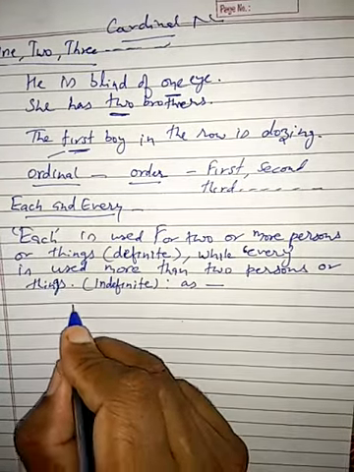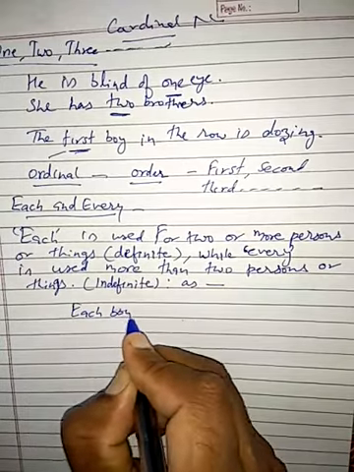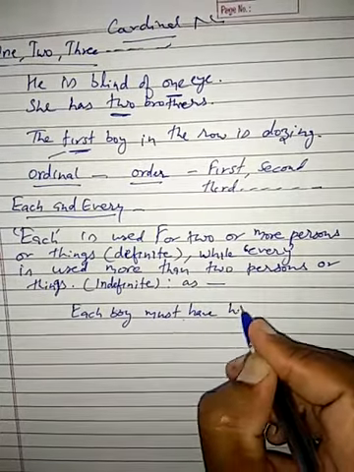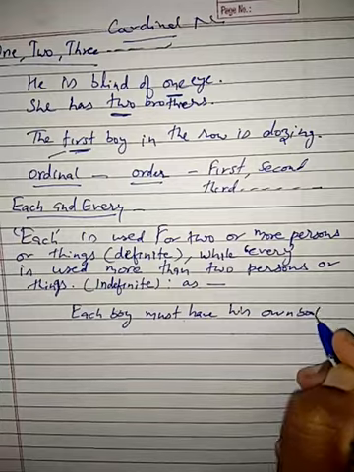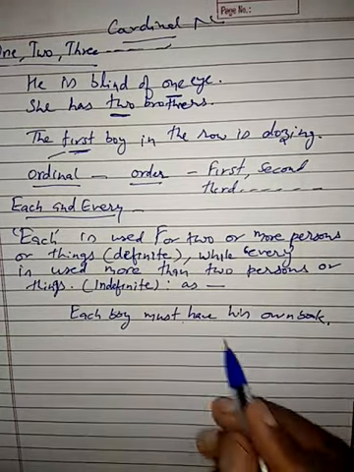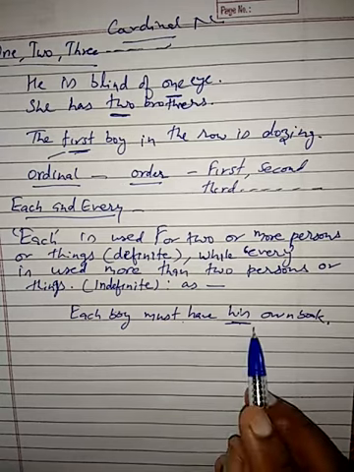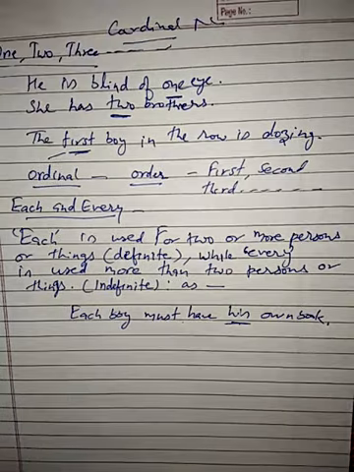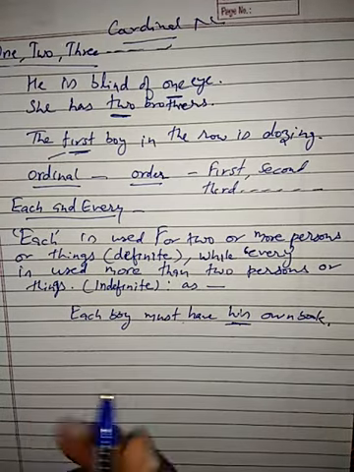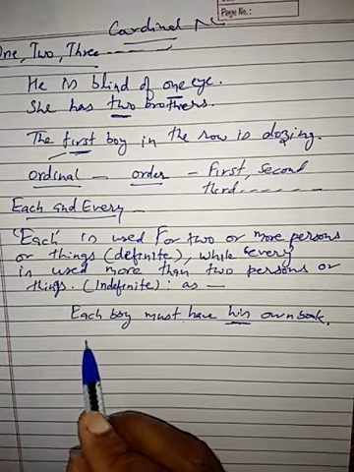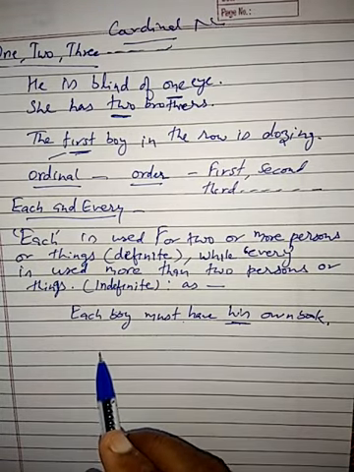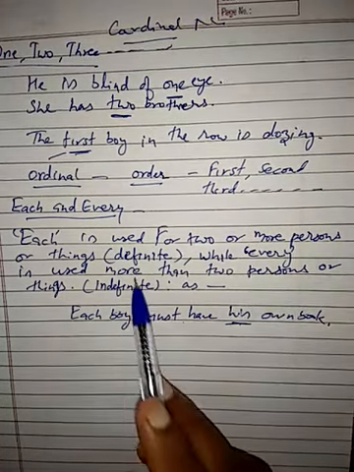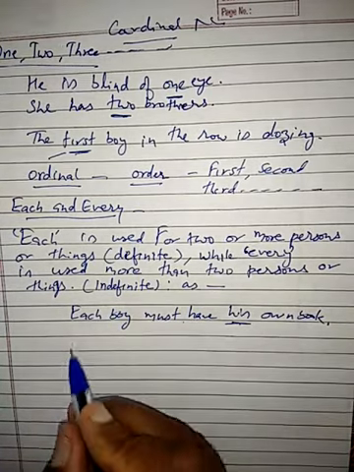For example, each boy must have his own book. Here the possessive would be his. And each boy means when you know the exact number of boys in a class, you would use each boy. Clear? They are actually used for two or more persons, but then the number would be definite.